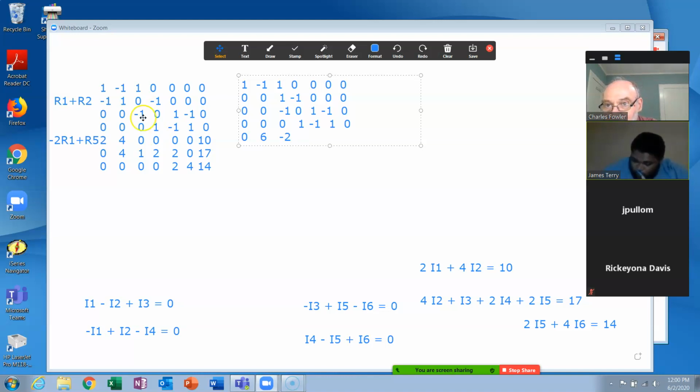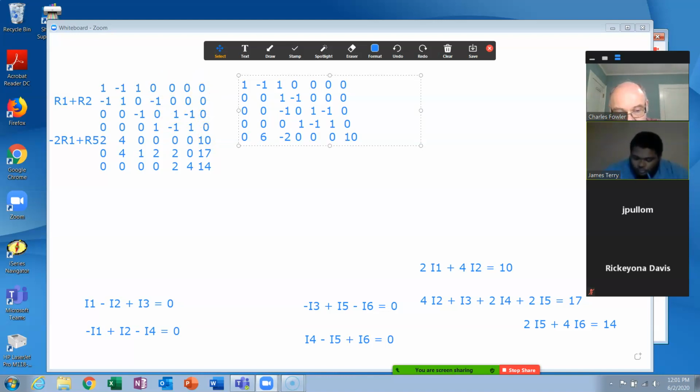Okay. -2 times 0 plus 0 stays a 0. Space, space. -2 times 0 plus a 0 is another 0, space, space, space, maybe. -2 times 0 plus another 0 is another 0, space, space. And -2 times 0 is 0 plus 10 is 10.